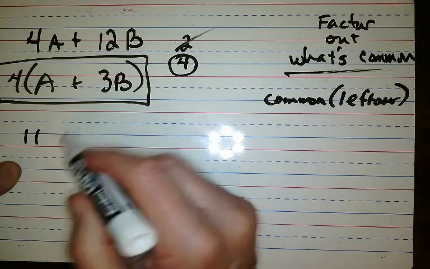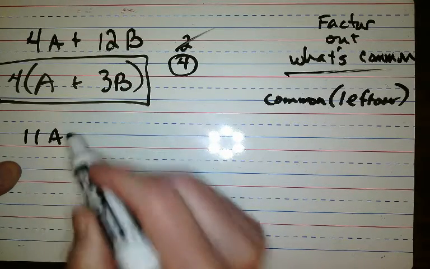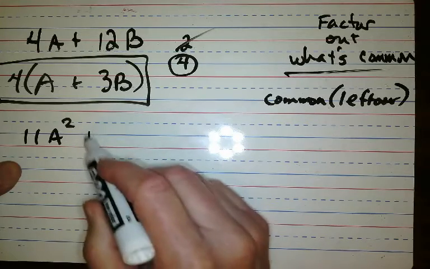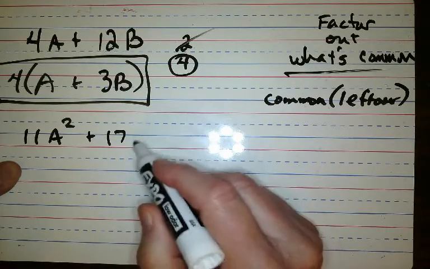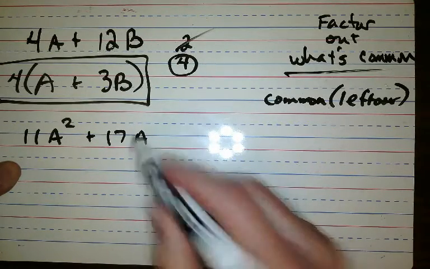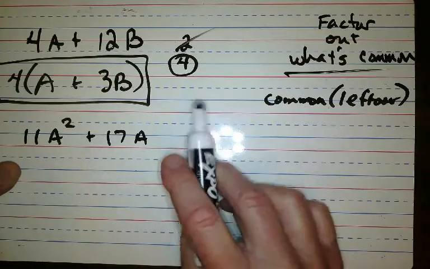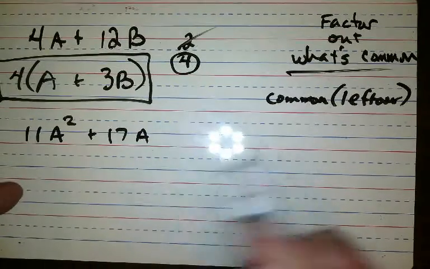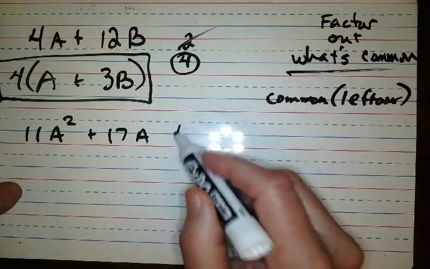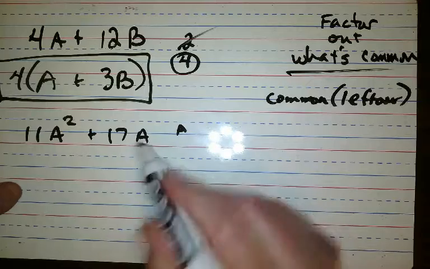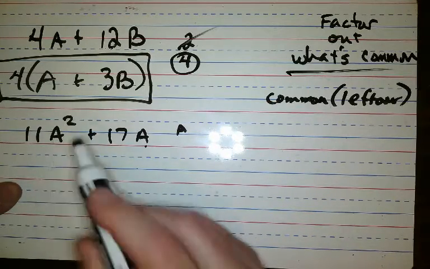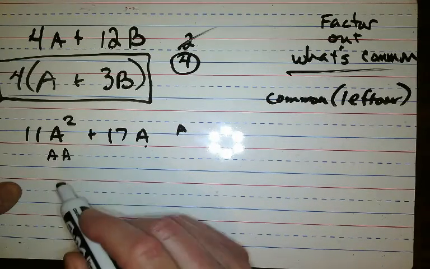What if we had 11a squared plus 17a? Well, now there's nothing we can divide the numbers by, but look, the letter a is common, right? There's an a here, and there's 2 of them there. This is like saying a times a, right?